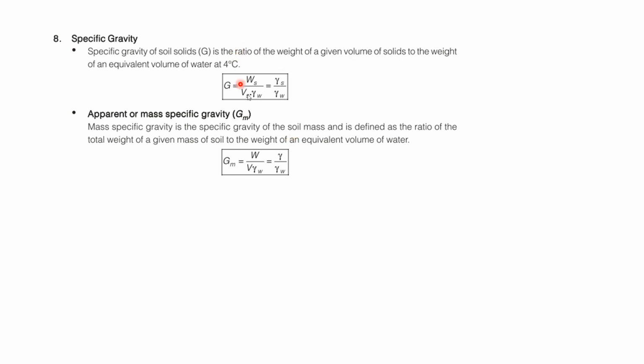This one, if you see here, is constant. So in all calculations of all property determinations in soil mechanics, they always use only this specific gravity, that is of solids. The other is nowhere used. It is just for knowledge purposes that we are finding this out.